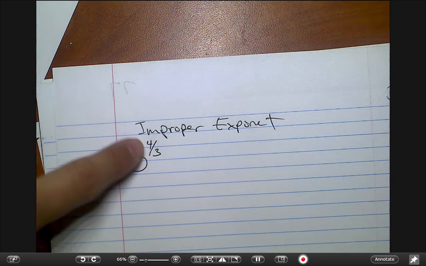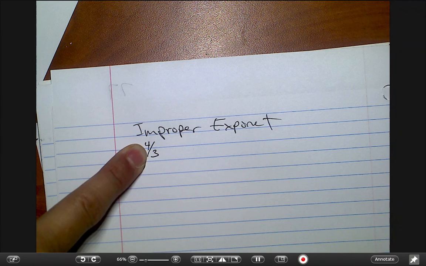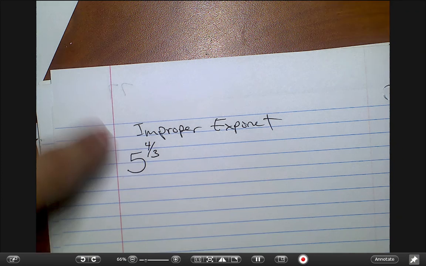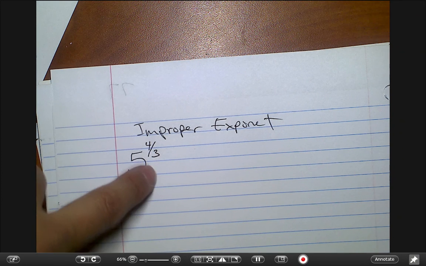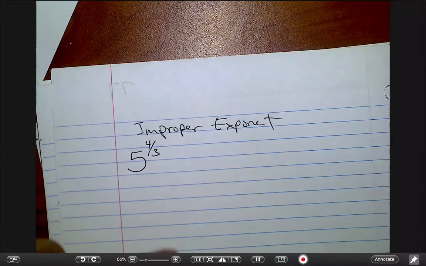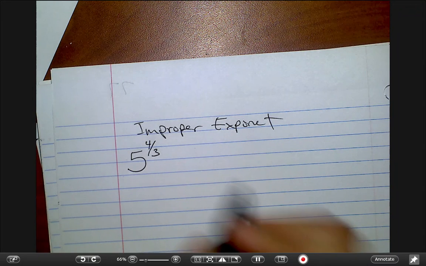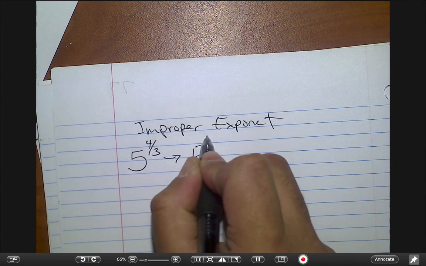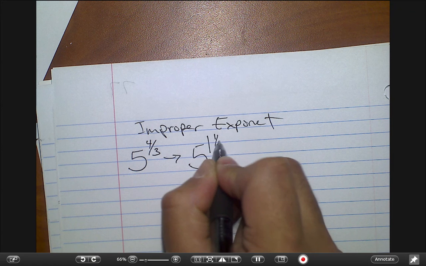Now, that is an improper fraction, right? Say yes. Okay, improper fraction means the top is bigger than the bottom. So, I know that 3/3 is 1, isn't it? So I could rewrite this as 5 to the 1 and 1/3.